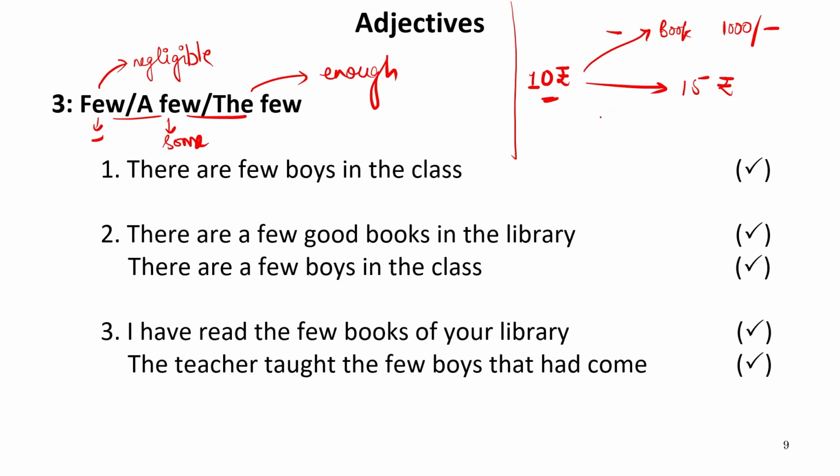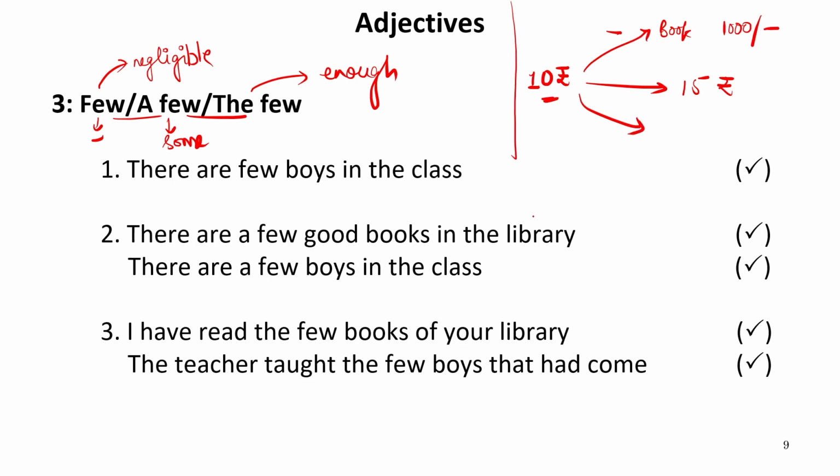It values positively, whereas in the earlier case it valued negatively. I did not even want to show him the note, that I have only this much. Here I can show him that yes, of course I have 10 rupees and I will pay you 5 rupees afterwards, so maybe he will give me a discount. So here 10 rupees will work.